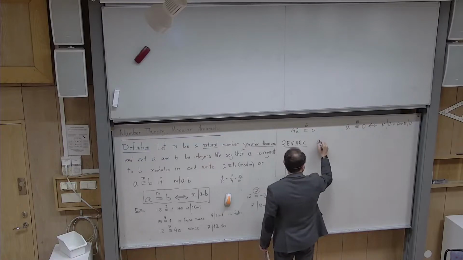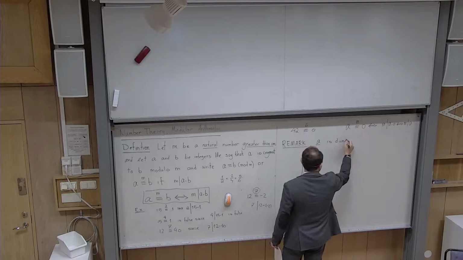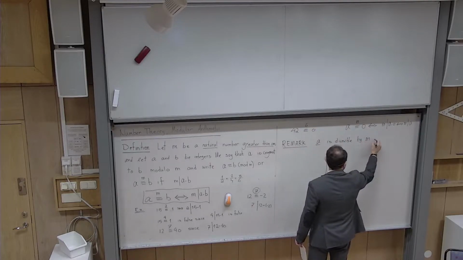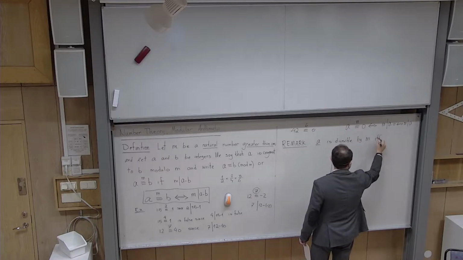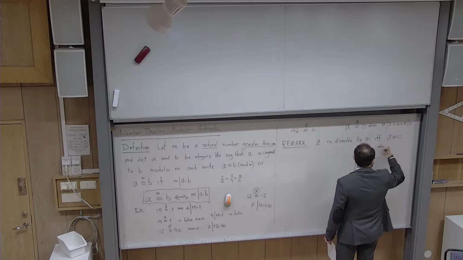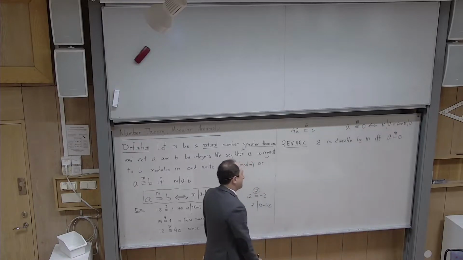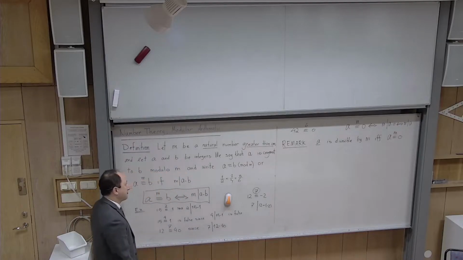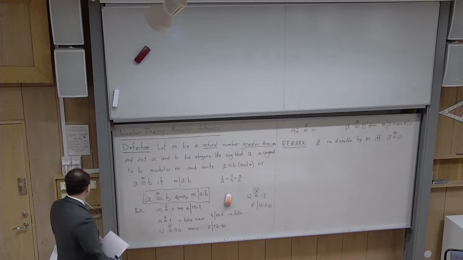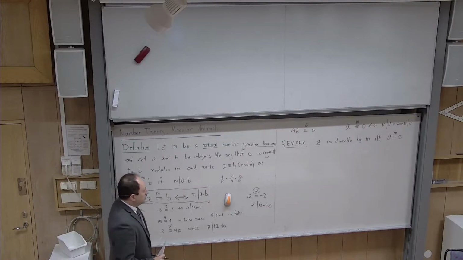A is divisible by m if and only if, this IFF means if and only if, you can show that a is congruent to 0 modulo m. Yes? Okay.